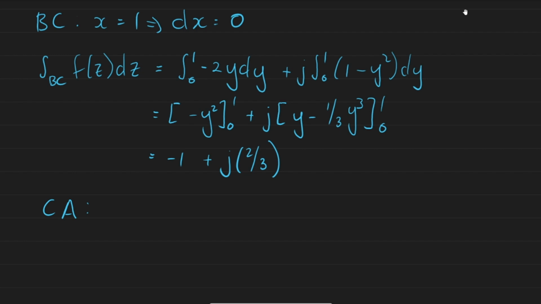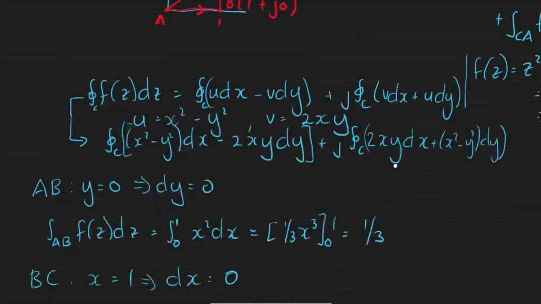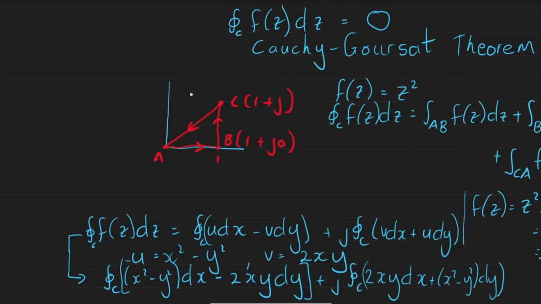So what are some observations about C to A? Okay, we're going along the line y is equal to x. That's 0, that's 1, and both x and y are equal to 1 here. So the equation of the line is y is equal to x.